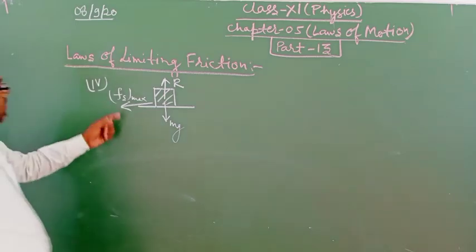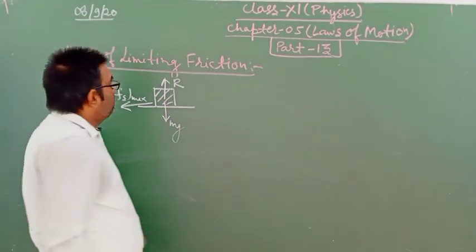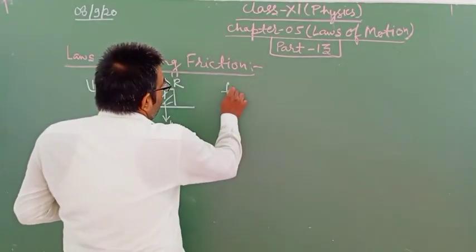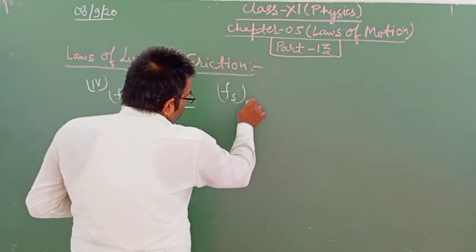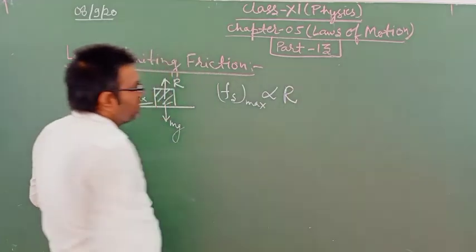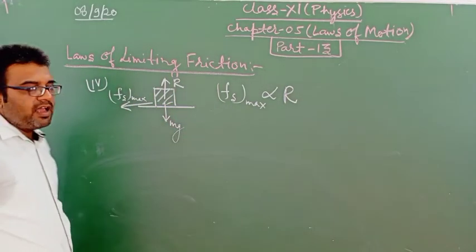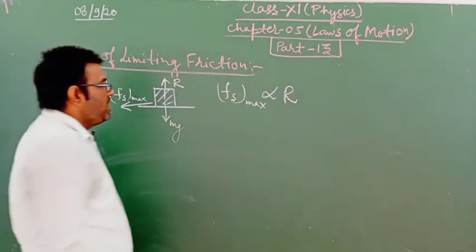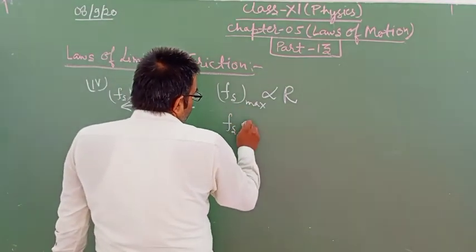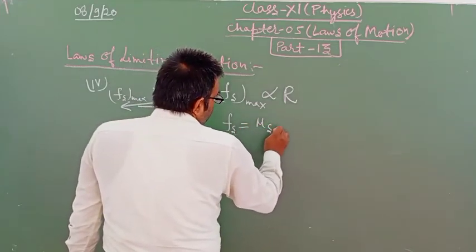As we discussed in the third law of limiting friction, Fs max is directly proportional to the normal reaction, because as the normal reaction changes, the value of Fs max also changes. So Fs max is equal to mu s max into R.